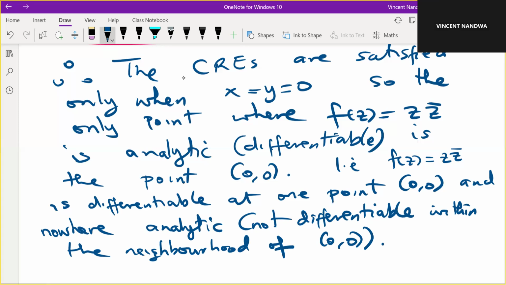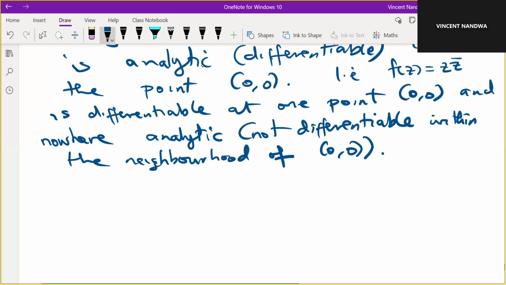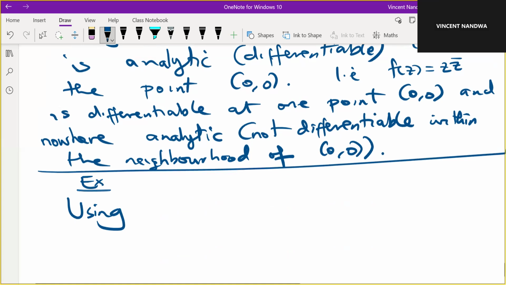So when you are given another function, so also now as an exercise, you check using CREs.